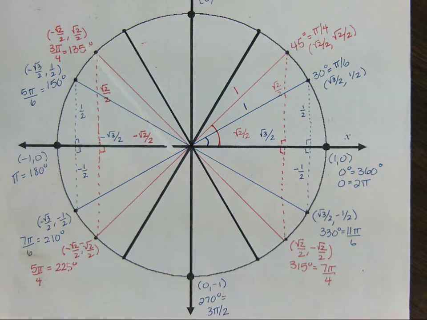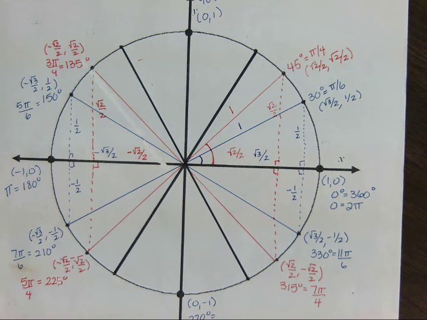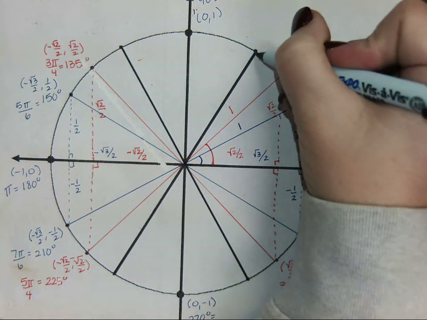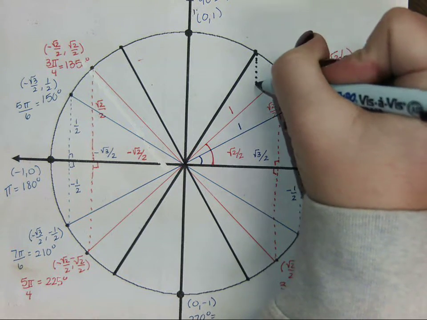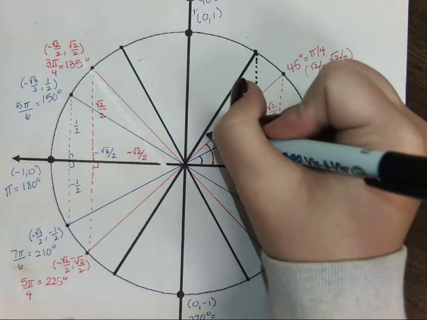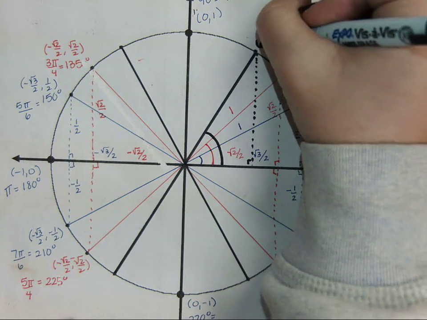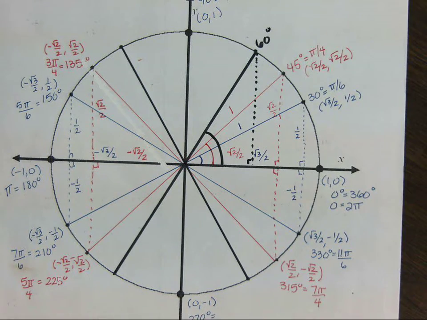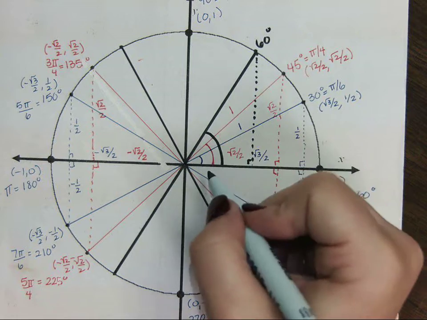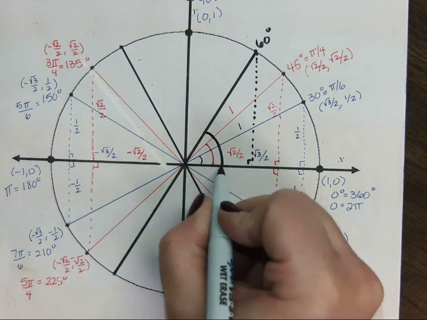And so what we're going to do is we're going to look at this triangle. And again, if I drop a little perpendicular line down this way, that makes this mark right here 60. So this is my 60-degree increment. And with 60-degree increments, the side that is opposite the 30 means that this length right here is now shorter.